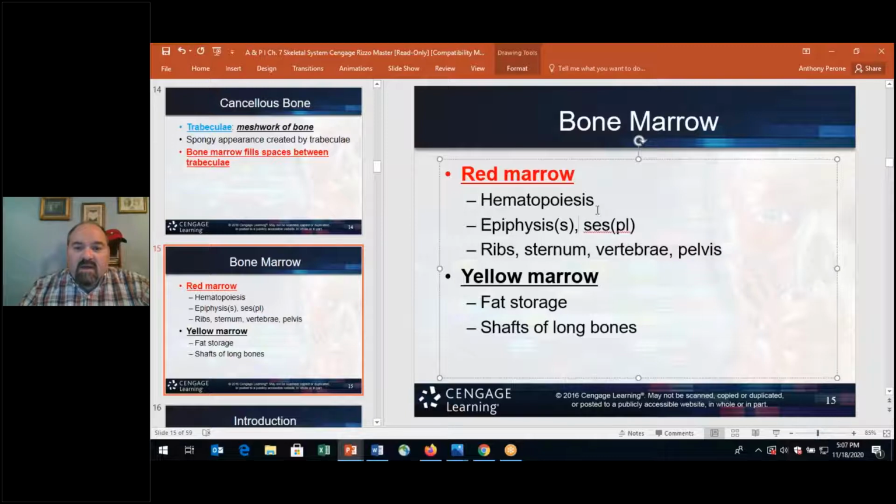So the ends of bone, red marrow, hematopoiesis, blood cell formation.